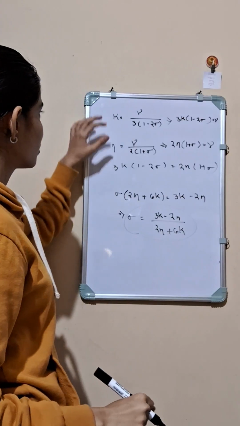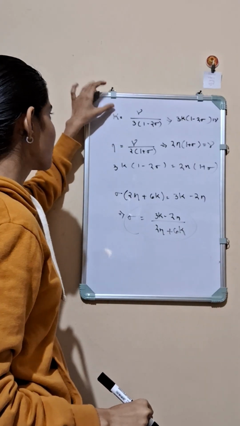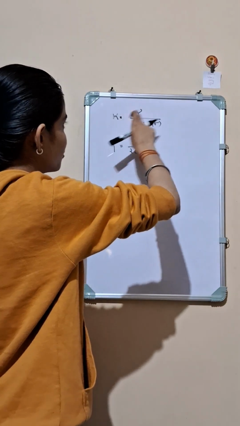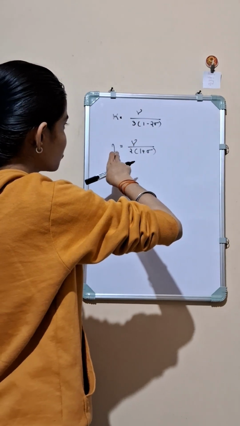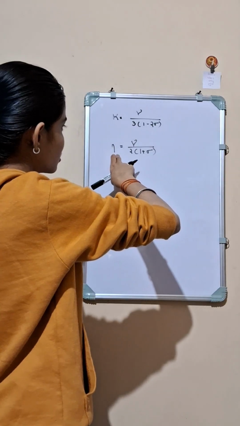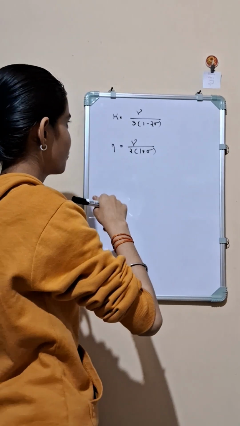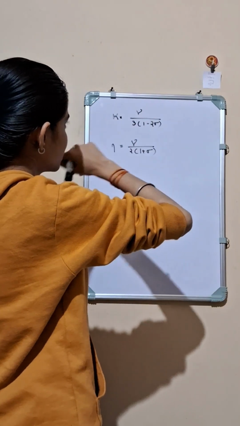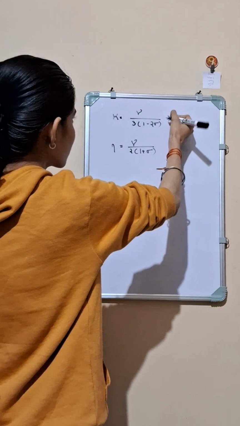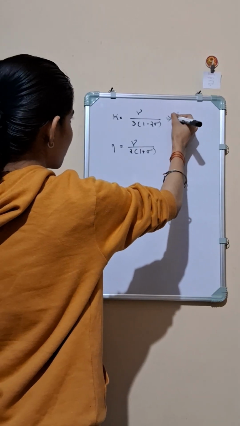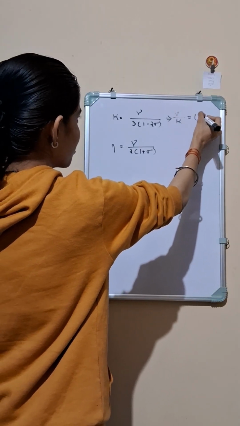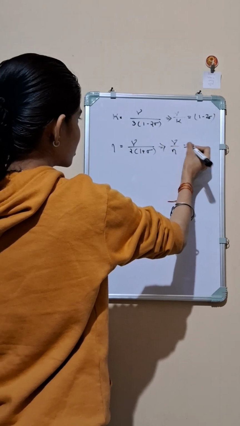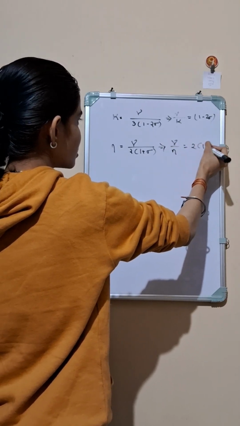Now we are going to find the final relationship, that is between k, eta and gamma. Gamma will be equal to 3k into 1 minus 2 sigma and 2 eta into 1 plus sigma. So I will have two equations containing these variables. I can simply write gamma by 3k equals 1 minus 2 sigma, and gamma by 2 eta equals 1 plus sigma.